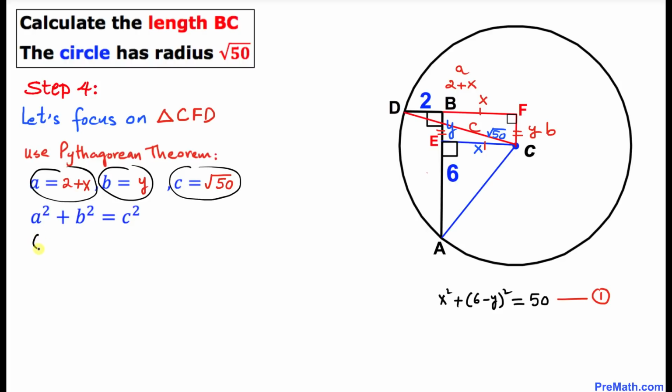So this is going to become (2 plus x) square plus y square equal to square root of 50, squared. And let's simplify this. Square and square root undo each other, so we simply got (2 plus x) square plus y square equal to 50, and I am going to call this equation number 2.